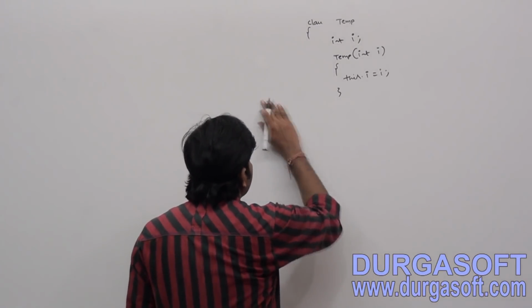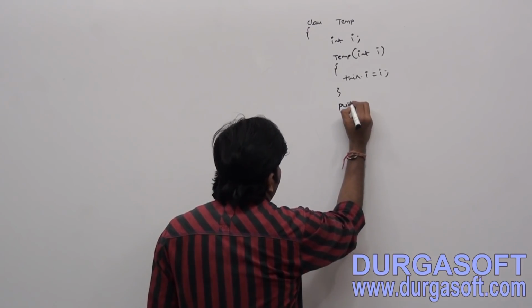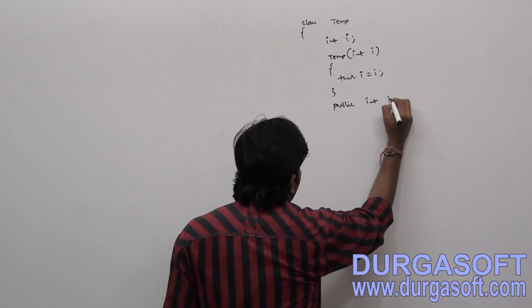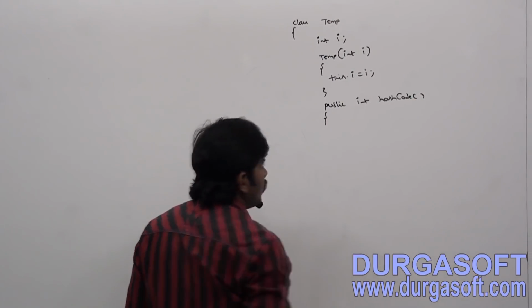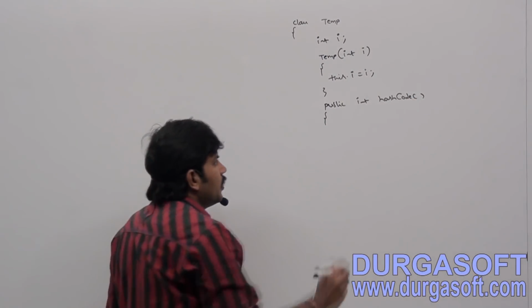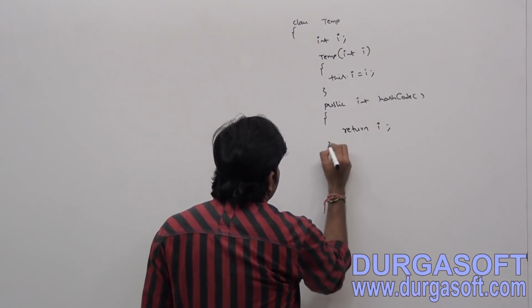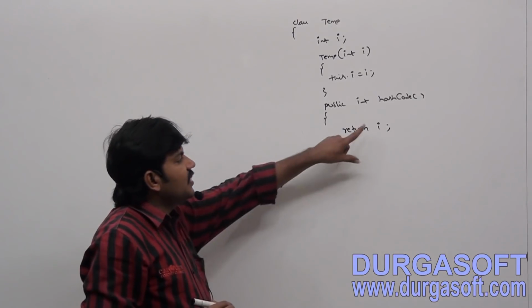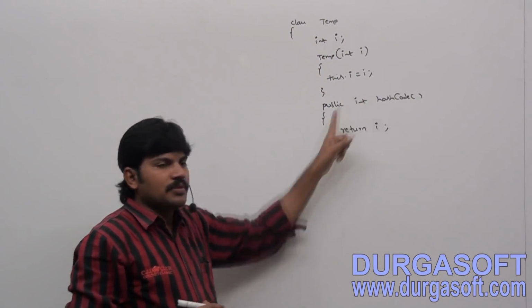Here just observe, public int hashCode(), here just return the i value. Assume whatever i value is there will become the hash code of this object.